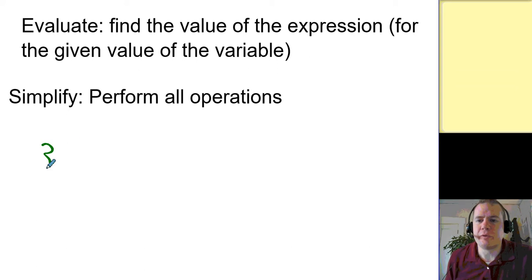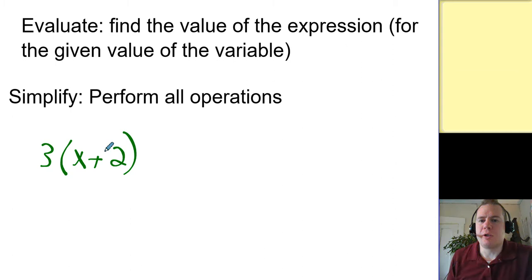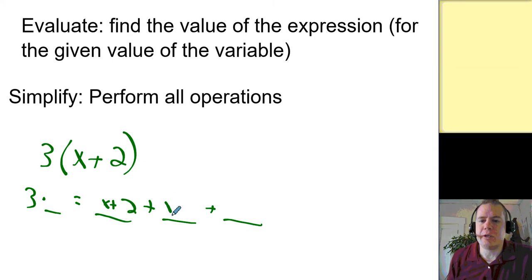So if I have 3 times x plus 2, perform all operations, x plus 2 I can't perform. I don't know what's 2 more than x. But I know what 3 times something means. 3 times something means that thing 3 times. So I have x plus 2, and another x plus 2, and another x plus 2. So I have x plus x plus x, 3 x's. And I have 2 plus 2 plus 2. I'm adding those 2's to my x's. 2 plus 2 plus 2 is 6.